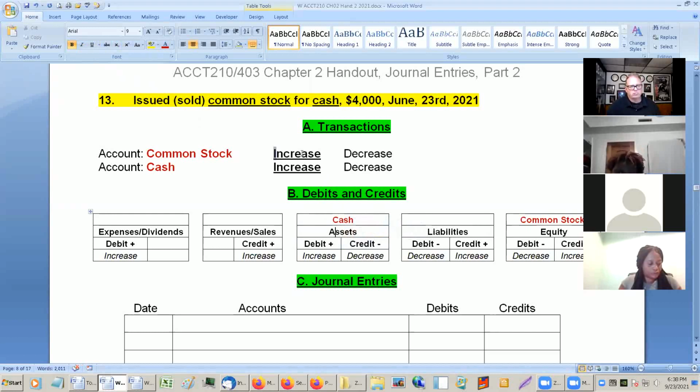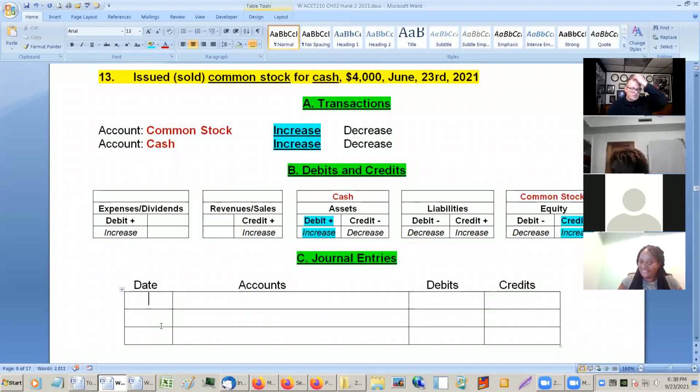Okay, so common stock is going up. Common stock, will it be a debit or credit? Credit. Good. And cash, debit. Again, if you know one of them, you know what the other one is. So you know they have to equal. If one's a credit, the other one must be a debit.